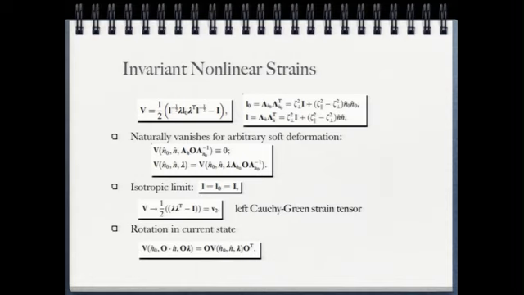So this strain tensor automatically vanishes for soft deformations. In the isotropic limit, it reduces to the left Cauchy-Green strain tensor. And under rotation in the final, current state, it transforms as an ordinary second-rank tensor.